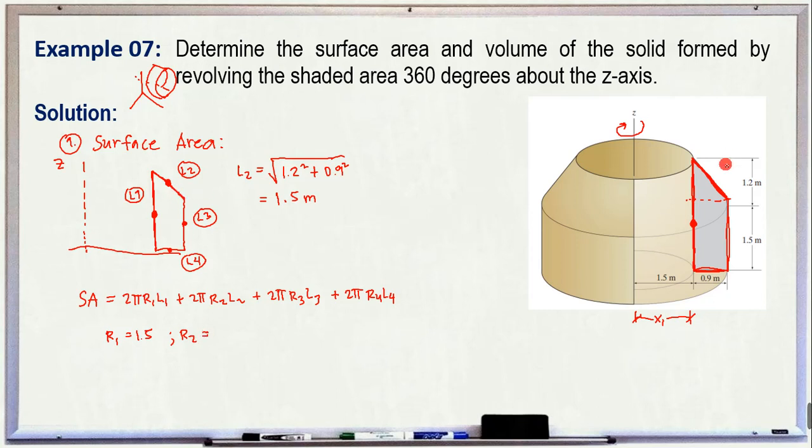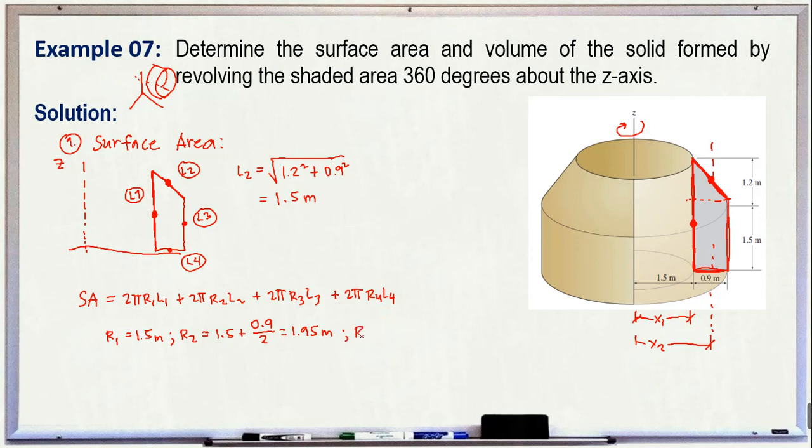For line 2, its centroid is at the middle, in between. So therefore, our x2 is just equal to x1 plus 1.5 plus 0.9 divided by 2, because it is at the middle. So let's simplify. That's equal to 1.95 meters.